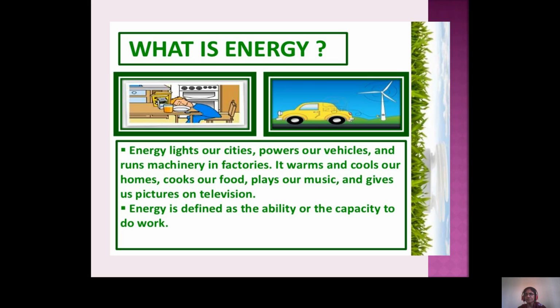Whatever lighting is there, that gives energy, so it lights our cities.